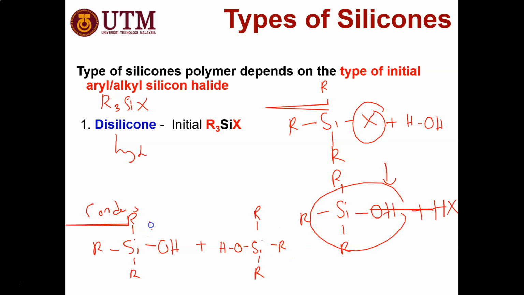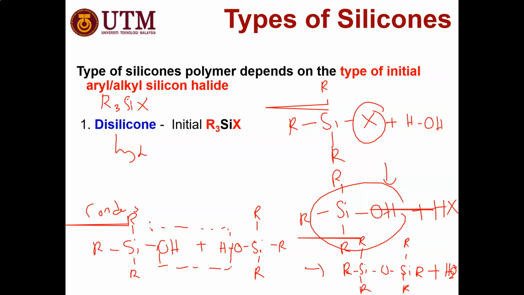And when you show it, it's important that awak kena tunjuk mana air tu keluar sebab kita nak condensation. So, barulah awak akan dapat the disilicon which is R, Si, O, Si, R, ni pun R, ni pun ada R, R, plus jangan lupa H2O.